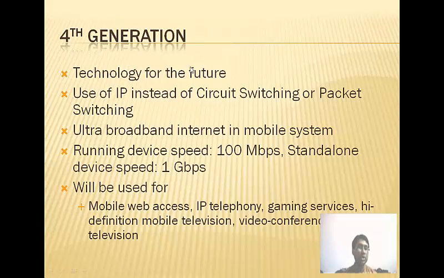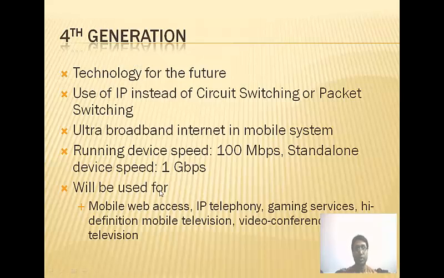Fourth generation, this is the technology for the future. The concept is using IP-based switching instead of circuit switching or packet switching. Ultra broadband internet in mobile system. The idea is to have ultra broadband internet in mobile system.